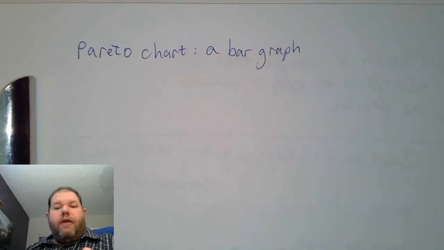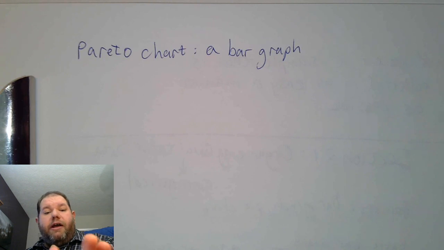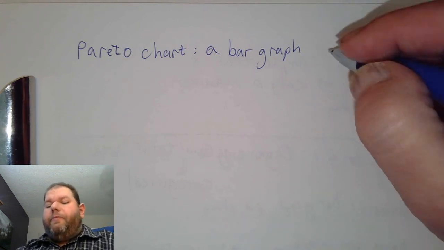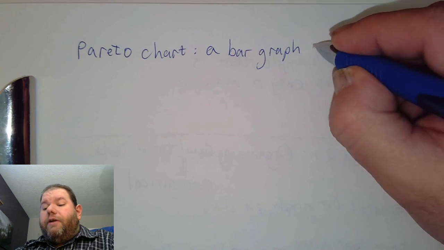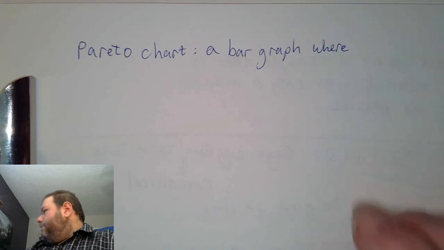The difference is, rather than being given an alphabetical order, for instance, the bars are arranged so that the one with the highest number of responses is listed first, and then they go in descending order from there. A bar graph where the bars are arranged from highest to lowest.